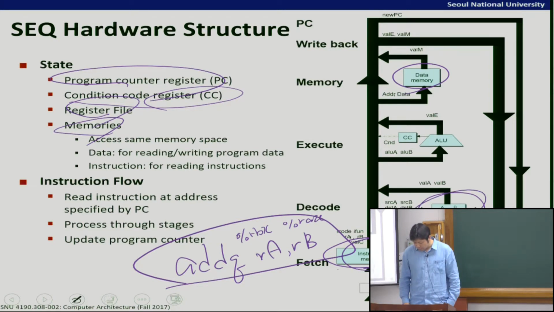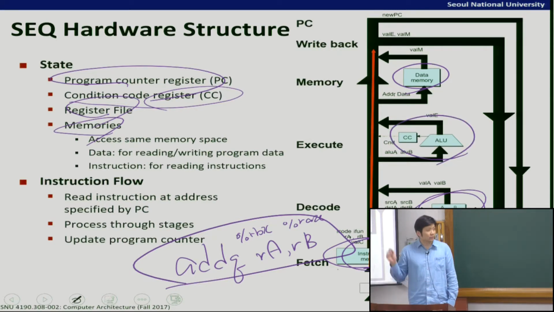Once you have read the instruction code and the register values, you execute the add using the ALU, the arithmetic logical unit. You put these two operands into the ALU and compute the result. Finally, you write the computed value, the sum of the two, back to the register file, in this case to the RAX register.